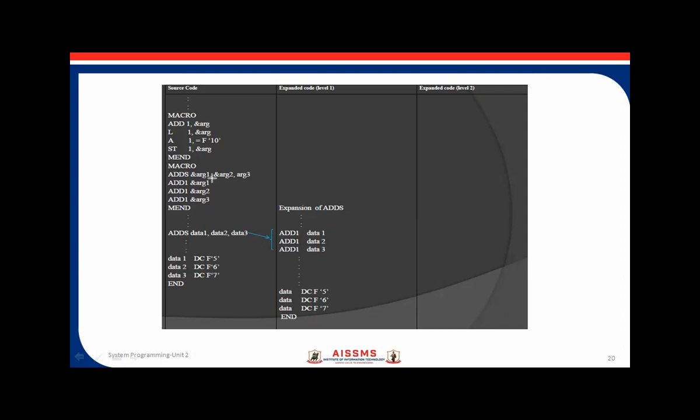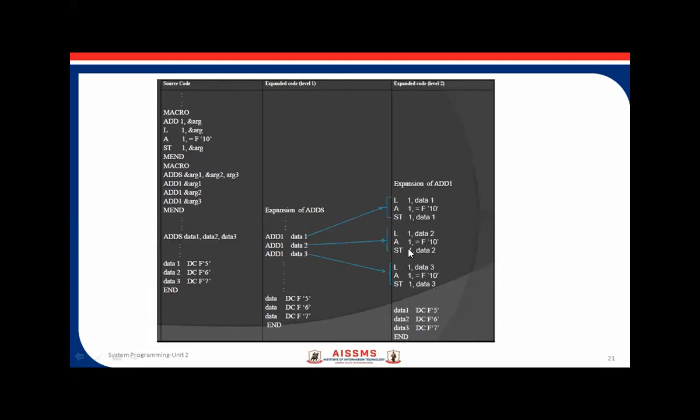Because we have made a call to add s, and in add s we have a call to another macro, at level 1 we simply pass the actual data to the dummy arguments. In the level 2 expansion, you can see add 1.